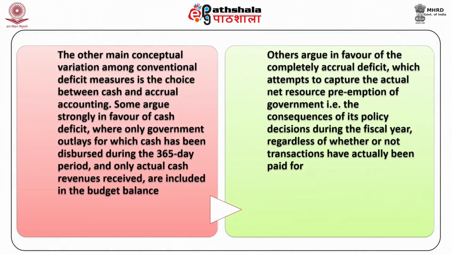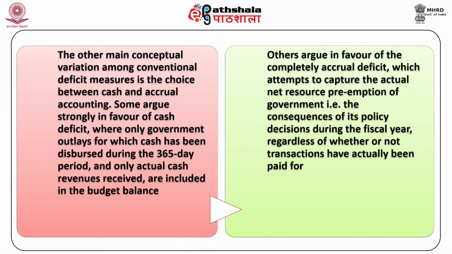The other main conceptual variation among conventional deficit measures is the choice between cash and accrual accounting. Some argue strongly in favor of cash deficit, where only government outlays for which cash has been disbursed during the 365-day period and only actual cash revenues received are included in the budget balance.